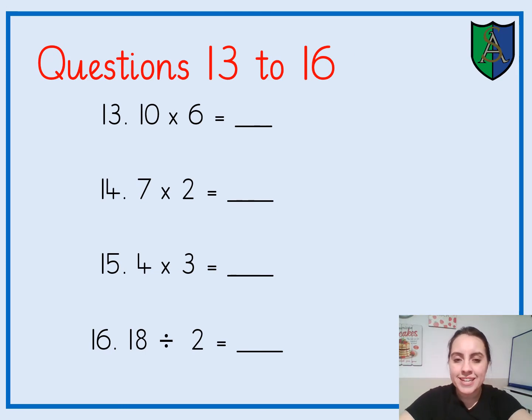Questions number 13 through to 16. Question 13 is 10, 6, something. Now, the last time we did one of these tests, lots of you were asking me what that symbol meant, but I think we should all now know.